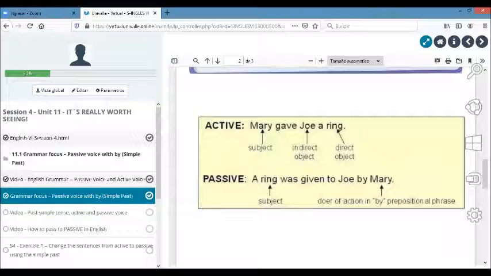So let me look for it in here. I'm going to give you the grammatical structure to make sentences using the passive voice into the active. Okay, just wait a moment, please.